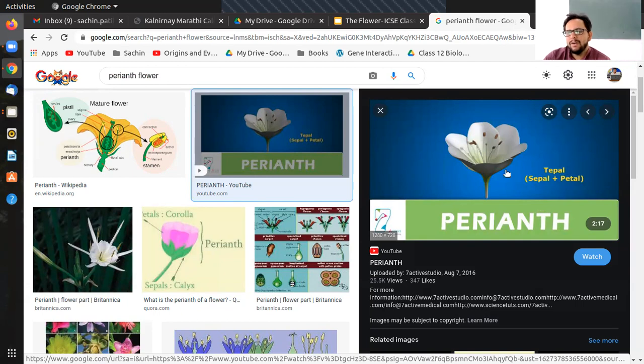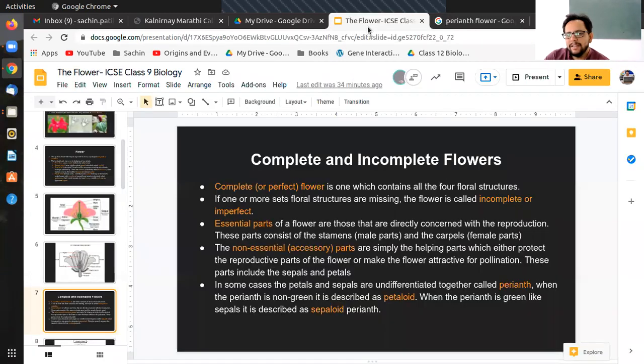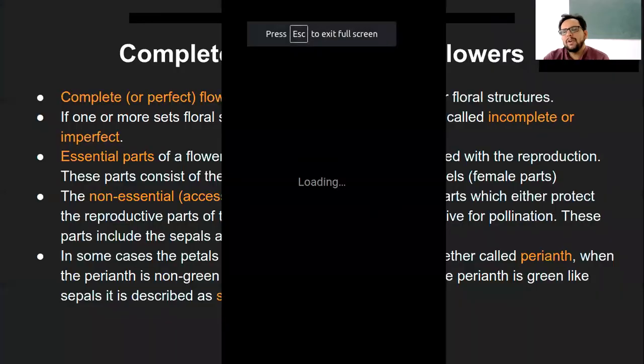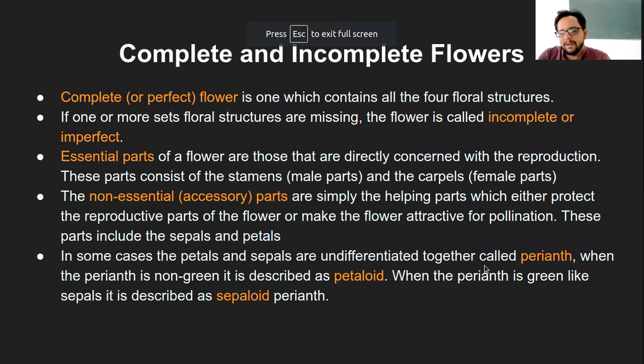Based on what this perianth is, if the perianth is non-green, meaning it is more like colorful petals, then it is called petaloid perianth. And when it is green, more like sepals, it is called sepaloid perianth.